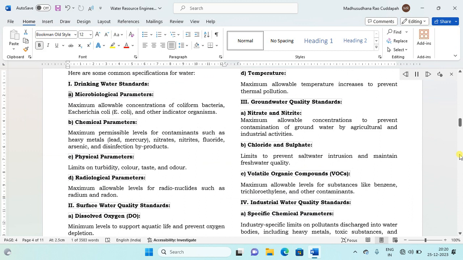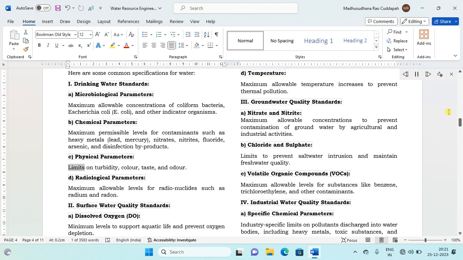1. Drinking water standards. A. Microbiological parameters: maximum allowable concentrations of coliform bacteria, Escherichia coli (E. coli), and other indicator organisms. B. Chemical parameters: maximum permissible levels for contaminants such as heavy metals, lead, mercury, nitrates, nitrites, fluoride, arsenic, and disinfection byproducts.